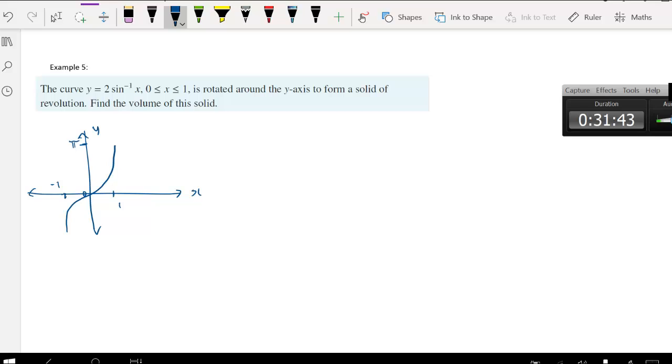Now as we're looking at rotating about the y-axis, we're interested in this area here, and so that means we need to find our f of y function, so we need to inverse this. We've got y is equal to 2 arcsine x, and so that means we've got y on 2 is equal to arcsine x, and x is equal to sine y on 2 as our function, our f of y.